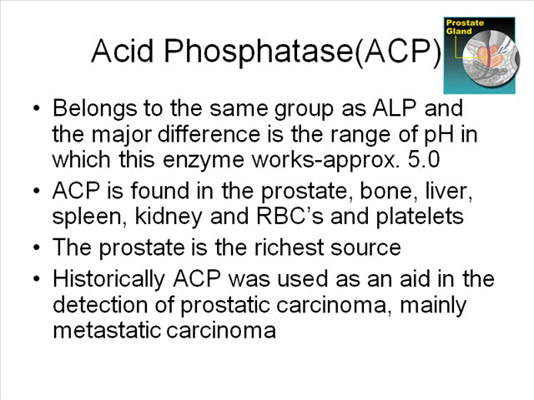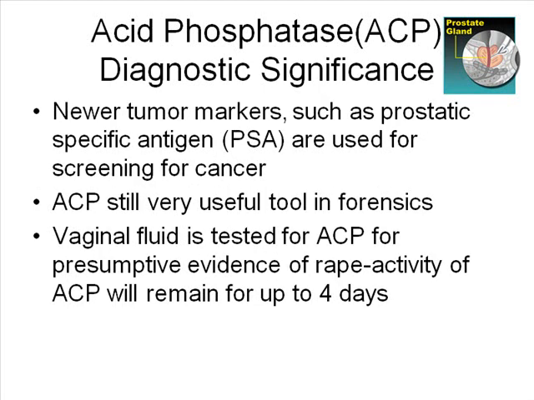Now, acid phosphatase is not measured as much anymore, but it is good to look at a couple of specific things. Acid phosphatase comes from the prostate. It is a very rich source, so you can look for prostatic carcinoma, but we know as those levels elevate that chances are you're talking about a metastasis when they get too high.